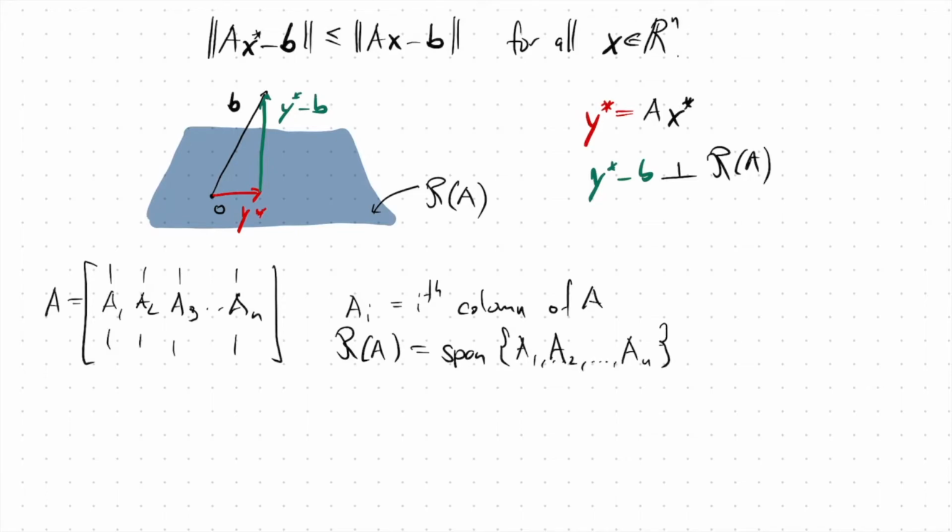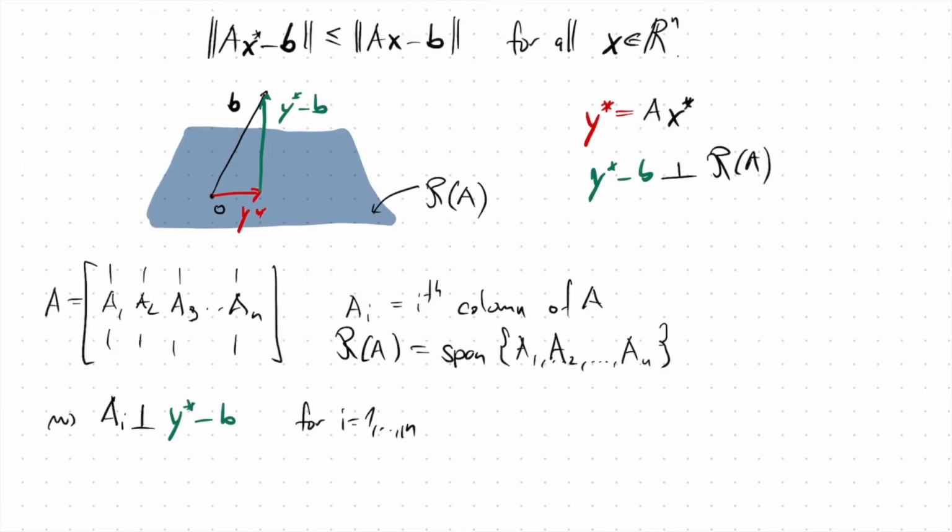If we want y star minus b to be orthogonal to the range, we need it to be orthogonal to any of these vectors. So we want that Ai is orthogonal to y star minus b for i equal 1, 2, 3, 4 till n.